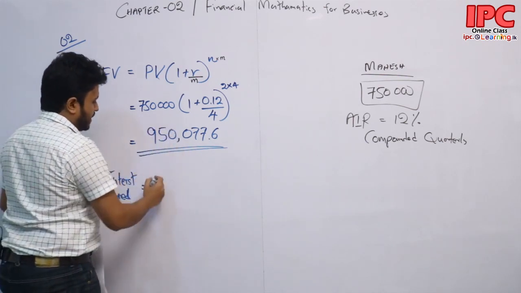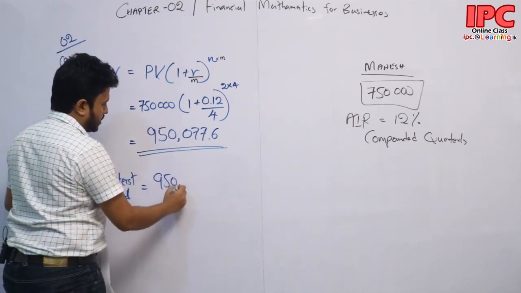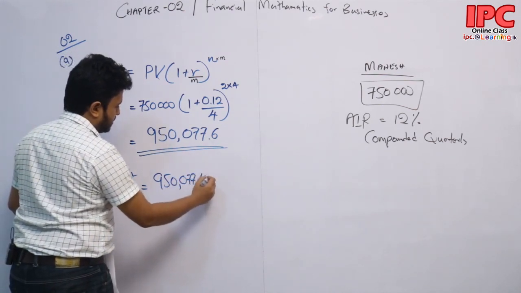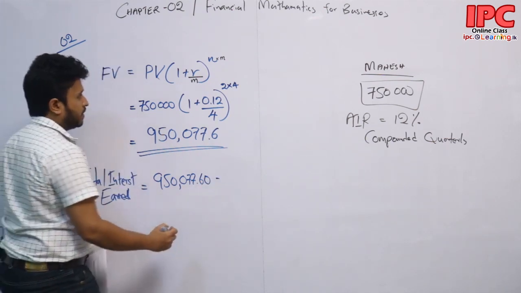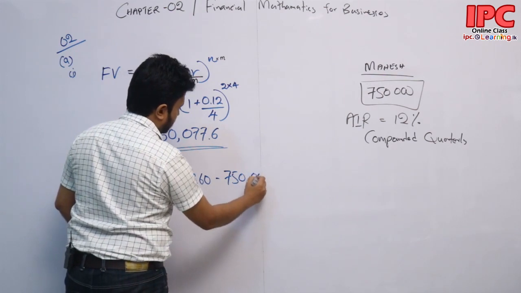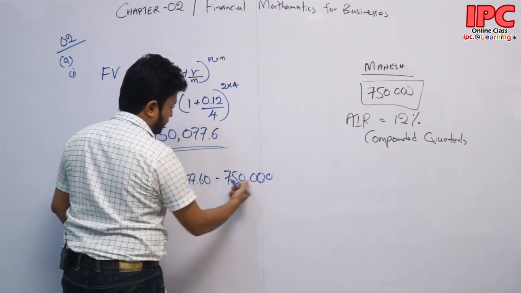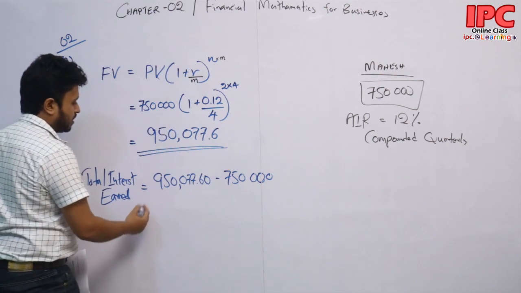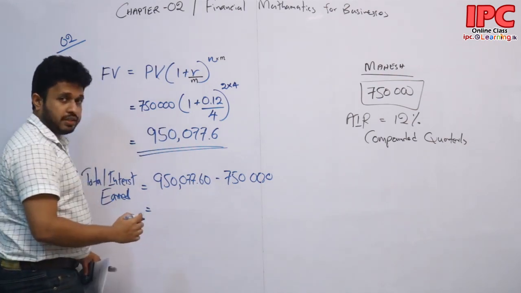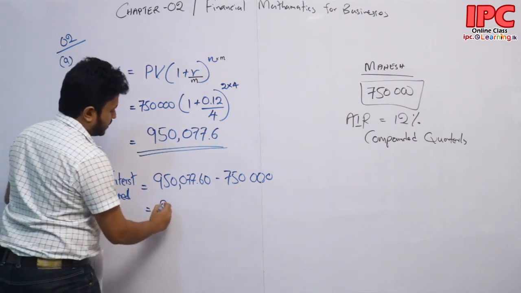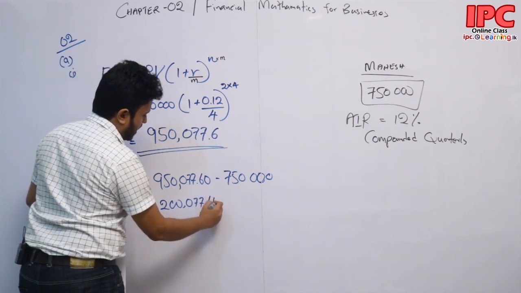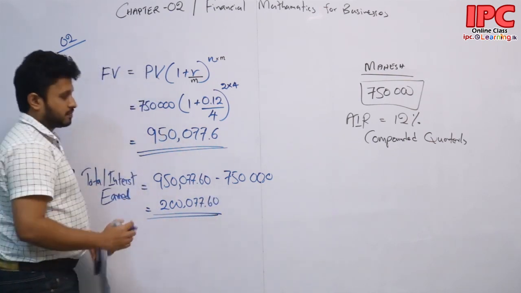We will receive 950,077 rupees and 60 cents at the end of the second year, for an investment of 750,000. That means the total interest we receive is 200,077 rupees and 60 cents.